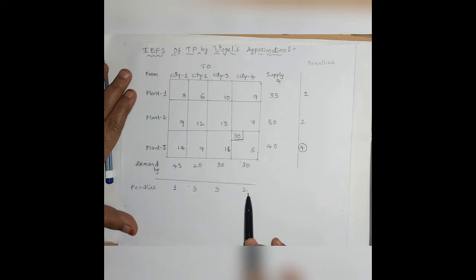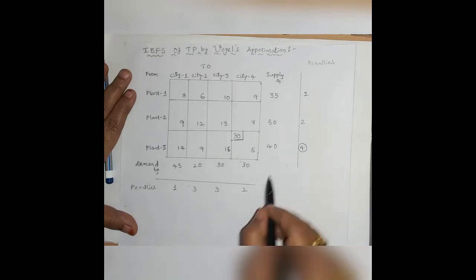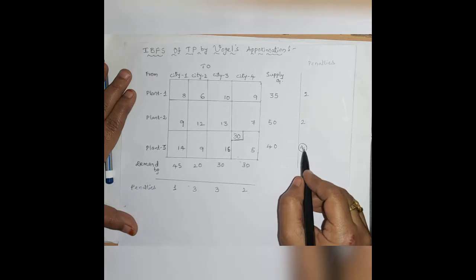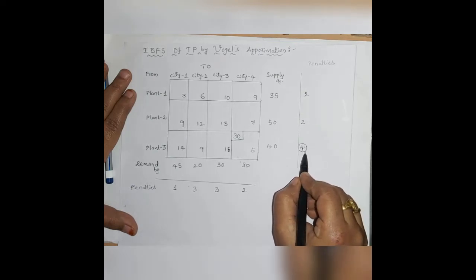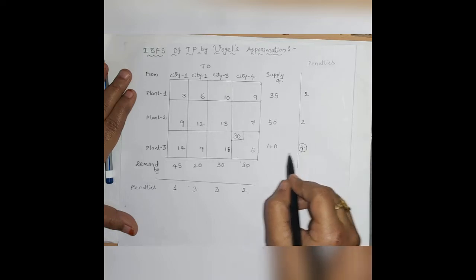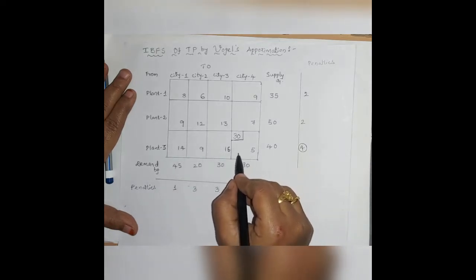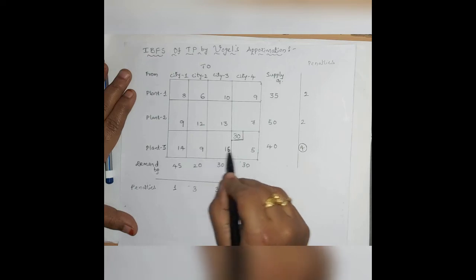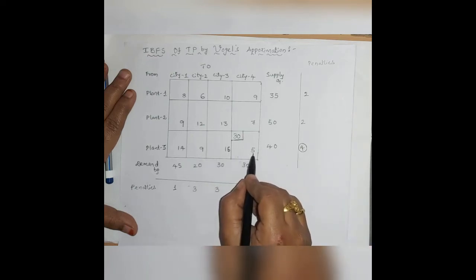Now, after you obtain the penalties, you need to consider the largest penalty. Out of the penalties of the rows and the columns, you can see that the largest penalty is 4. In the largest penalty row, you need to consider the least cost. The least cost of plant 3 is 5.